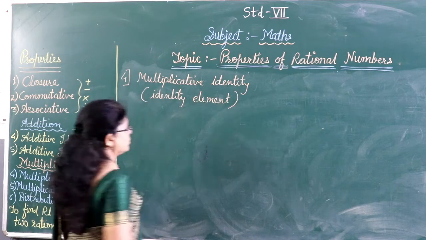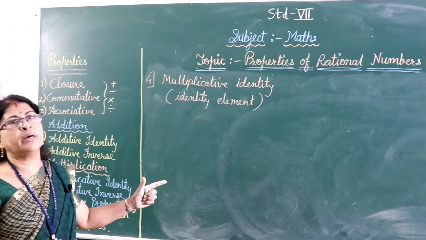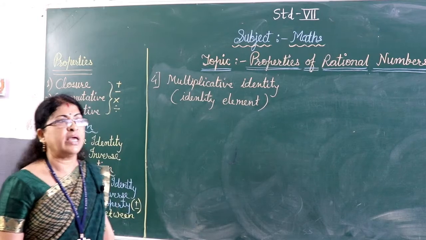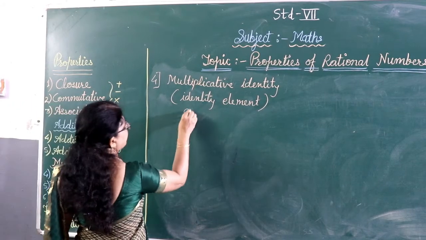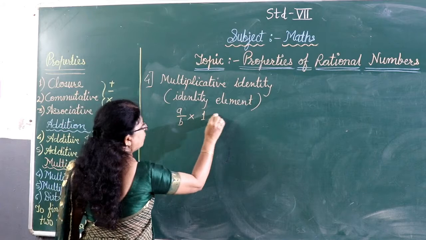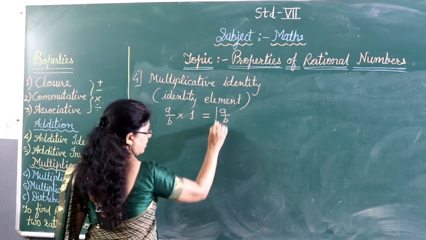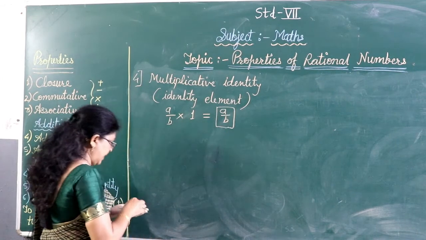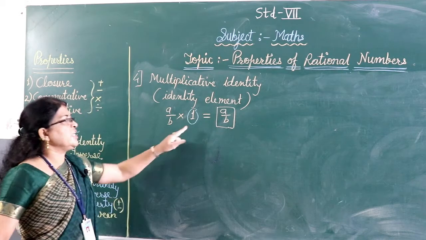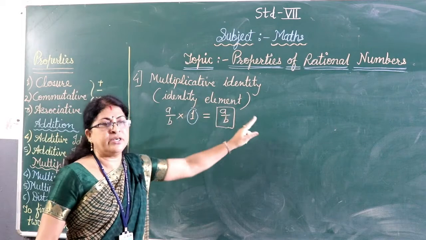So by what number should we multiply any rational number to get the same answer? When we multiply a by b by 1, we get the same answer a by b. So the identity element is 1. So 1 is called the multiplicative identity of rational numbers.